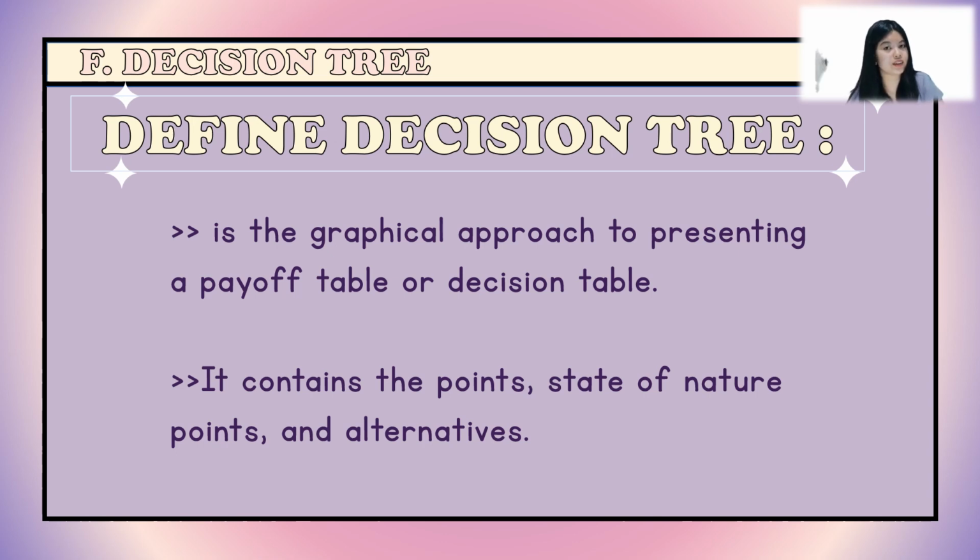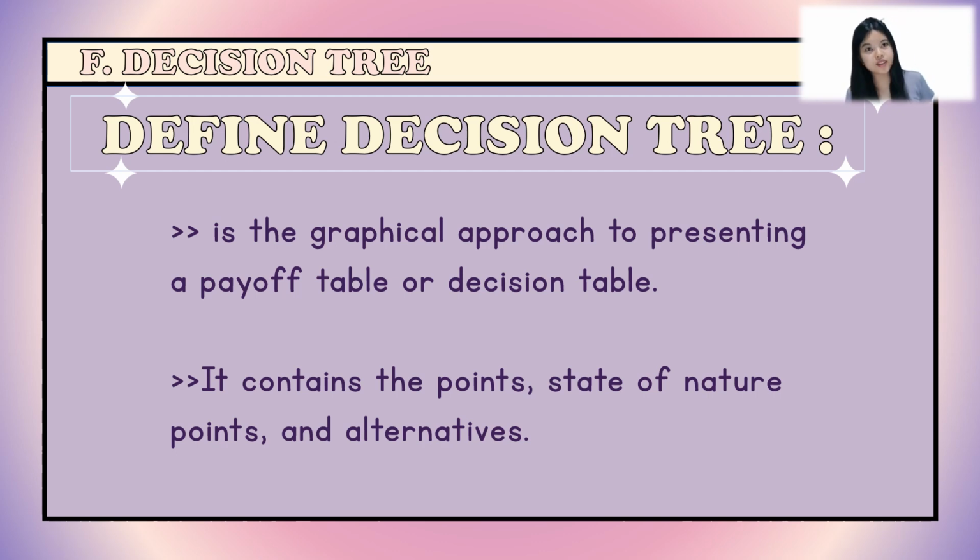Kaya siya tinawag na decision tree kasi it starts with a single node which branches into possible outcomes, then those possible outcomes add additional nodes which branch off into other possibilities. Para siyang puno na magkakaroon ng sanga-sanga or magkakaroon ng mga branches.